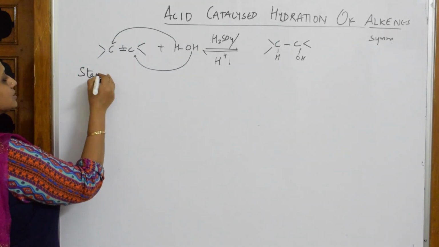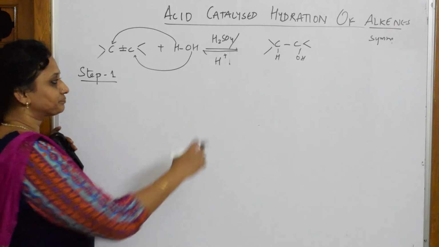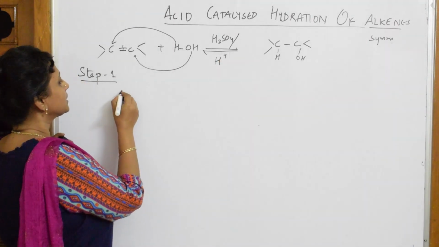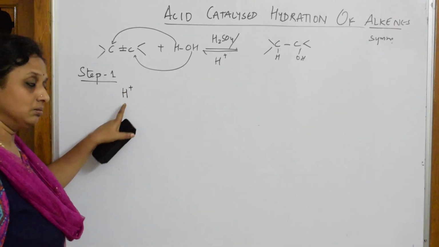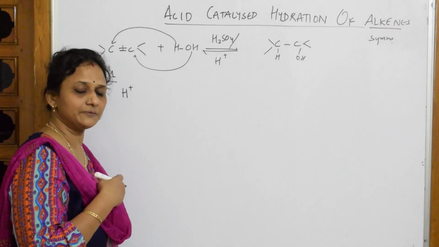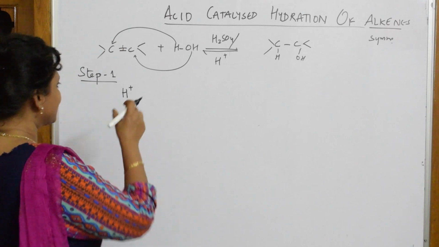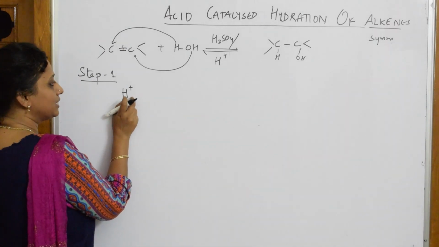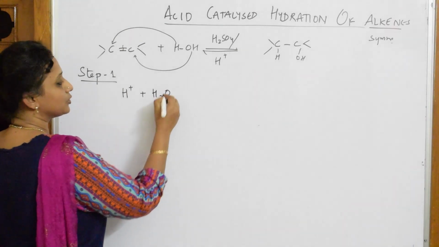First important step, step 1. The first important thing is, always remember, when I write H plus, right? Now, H plus can't exist like that in water. It's an electron deficient H plus, so it will not exist in this form in water. So it immediately combines with a water molecule.